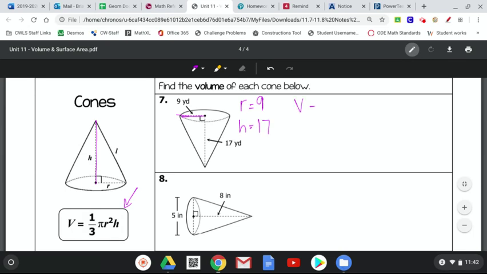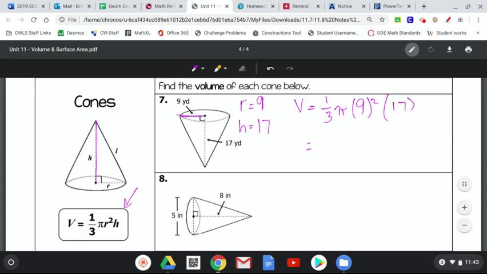So the volume is going to be 1/3 pi times our radius, which is 9, squared times the height, which is 17. And this is where you make sure to do the 9 squared first. That'll give you 81, and then multiply 81 by 17 and divide it by 3.